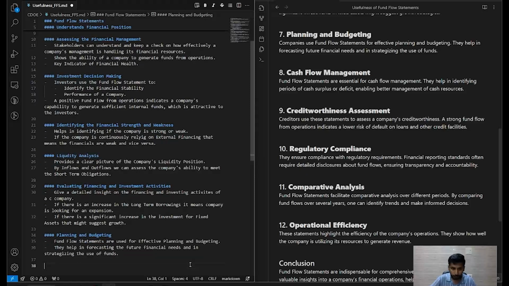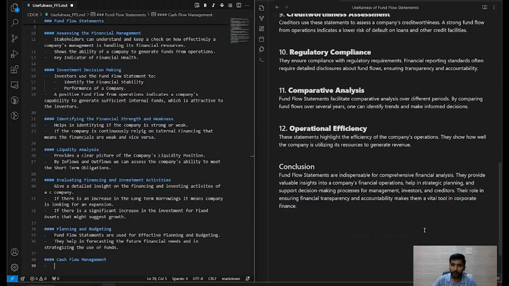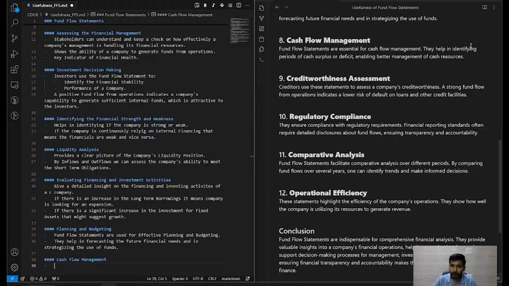Okay. Next up is cash flow management. Fund flow statements are essential for cash flow management.